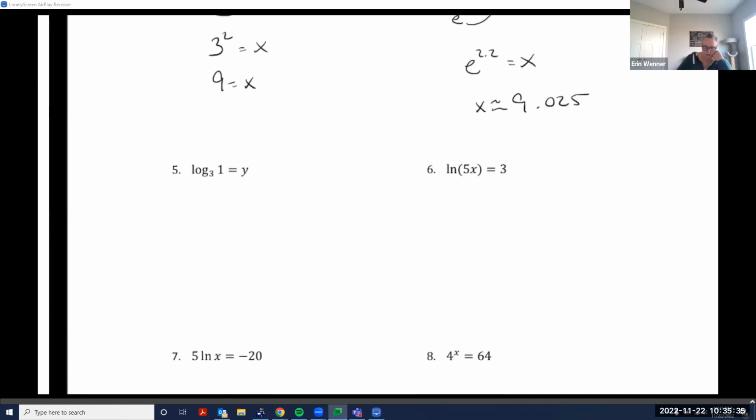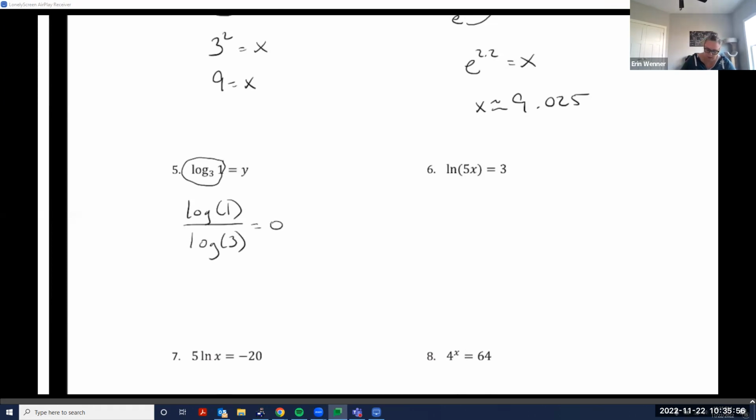So number 3, we have log base 3 of 1 equals y. Now remember, you can plug this into your calculator. We could do log of 1 divided by log of 3, and we would get 0. But why do we get 0?